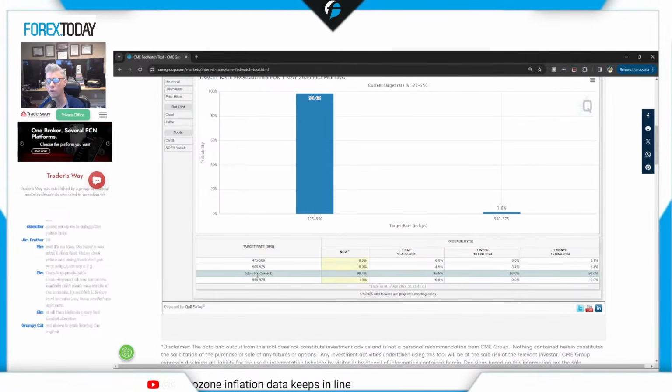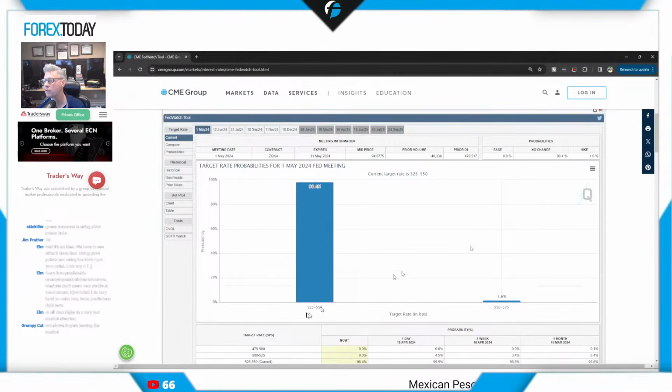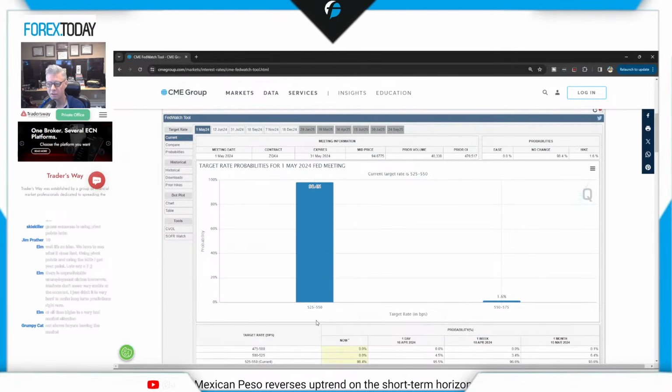Okay, 5.25 to 5.5. So right now, as far as the May 1st meeting, there is only a 1.6% chance of a change in interest rates, and that change is a rate increase, not a cut.